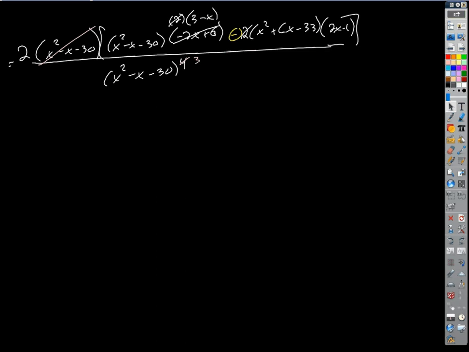Okay, so now we could multiply some things out, right? So we've got 2 times on the top, if I distribute. I'm going to distribute this times this. So that's going to give me what? If I distribute my negative x first, I'm going to get a negative x cubed plus x squared plus 30x.